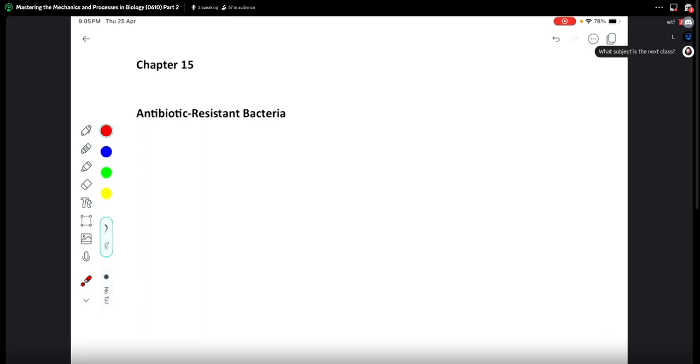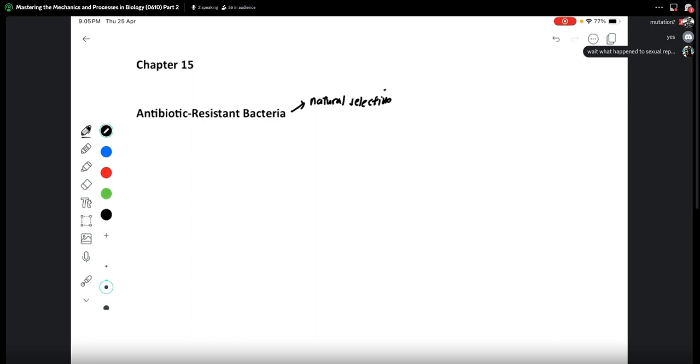All right. So we come to another very important part: how do we answer questions relating to bacteria. So first of all, antibiotic resistant bacteria uses the concept of natural selection.